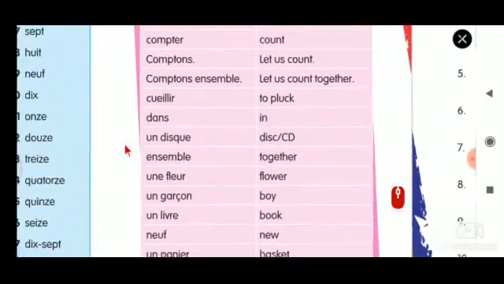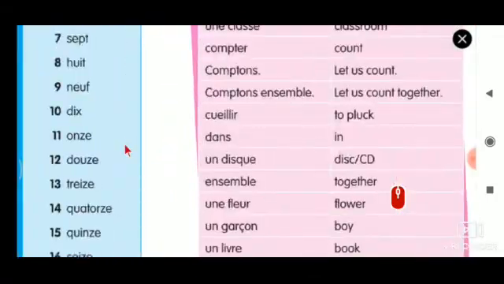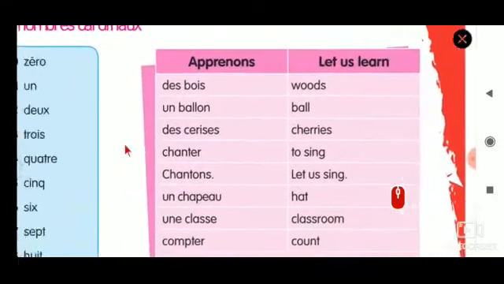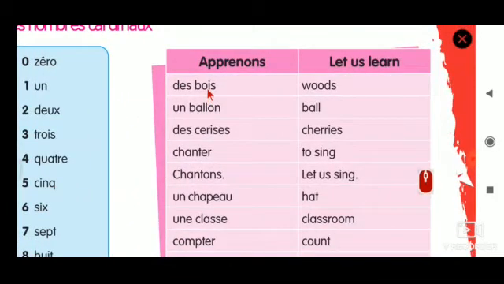So that's enough. Now let's revise the vocabulary also. Des bois, woods. Un ballon, ball. Des cerises, cherries. Chanter, to sing.